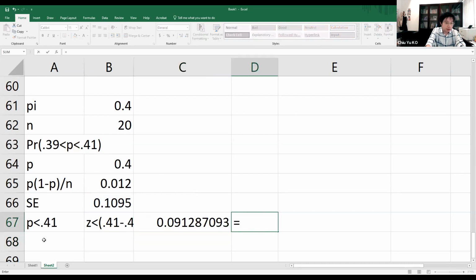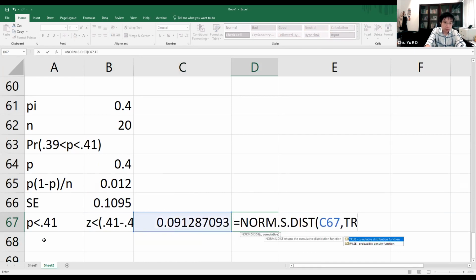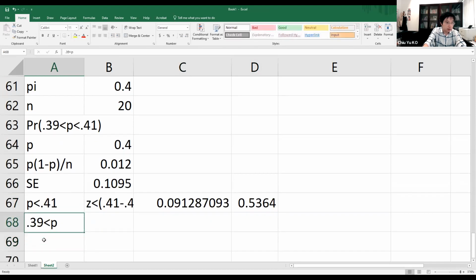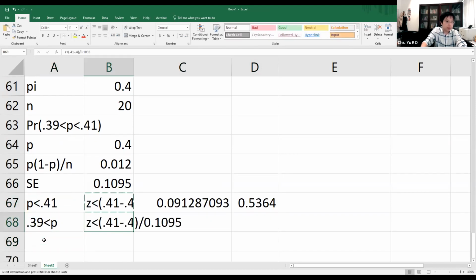Then what you do is look at this, NORM.S.DIST, with TRUE. And then for 0.39 as P, you do the same thing.